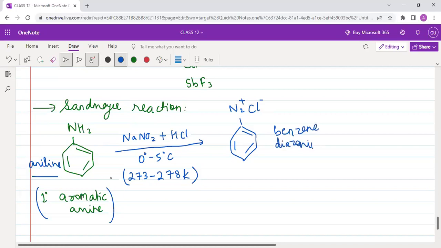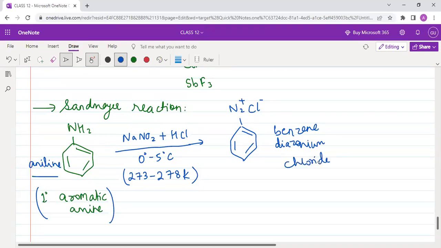So when aniline is treated with sodium nitrite and HCl or any acid, HX, HBr, HI, benzene diazonium halide will be formed. And here it is benzene diazonium chloride.